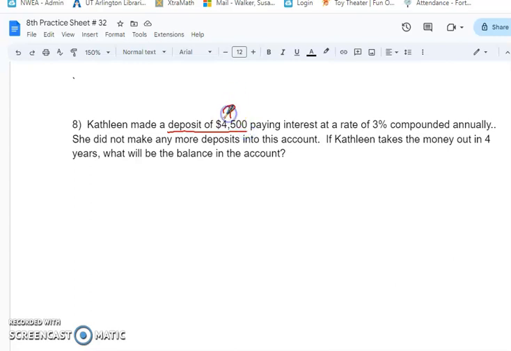We call that our principal. Paying interest at a rate of 3% compounded annually. This means we're doing compound interest. She did not make any more deposits into this account. If Kathleen takes the money out in 4 years, what will be the balance? Balance means all together. Remember, all together.